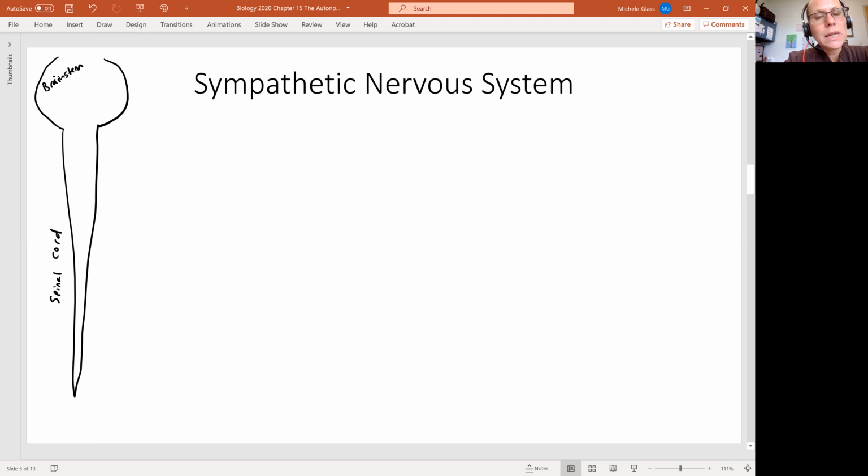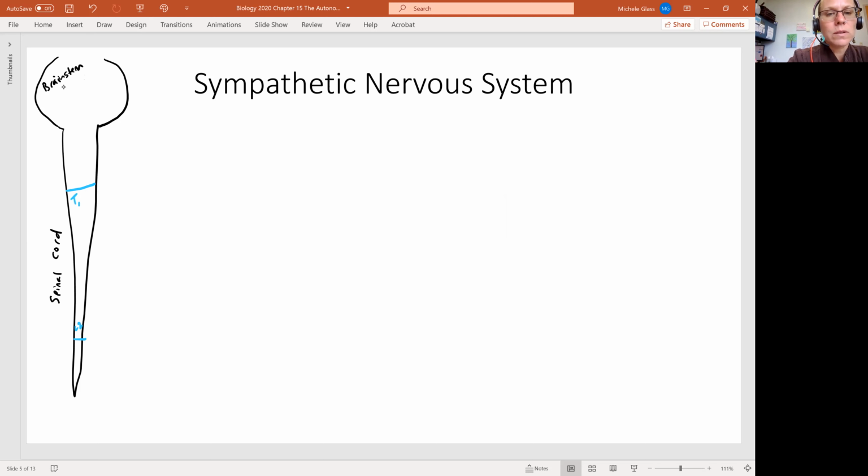And we're doing this because the sympathetic nervous system is made up of nerves. And so we either have nerves coming off of the brain or coming off of the spinal cord. And specifically what we're going to see is in the region T1 to L2, we're going to have our nerves coming off.